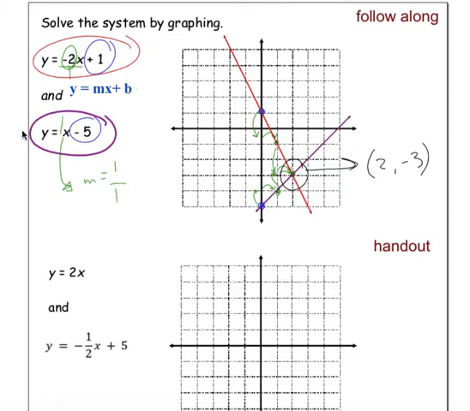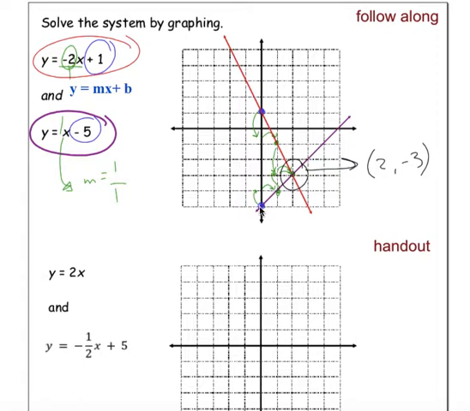Step 2 is to do the other line. We have y equals, and remember, if there's no number in front, it's automatically assumed to be a 1. So y equals 1x minus 5. We already have our y value when x is 0, so we plot that: when x is 0, we go down to negative 5 and put that point on the graph.